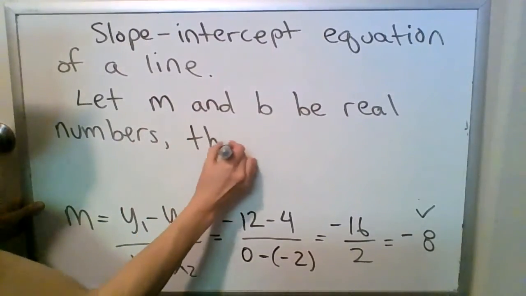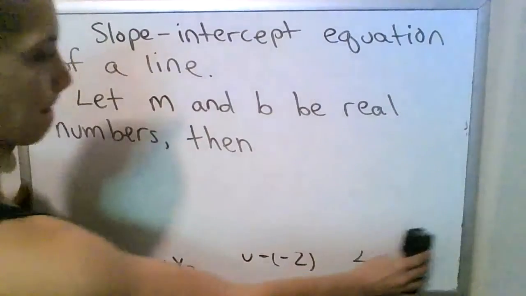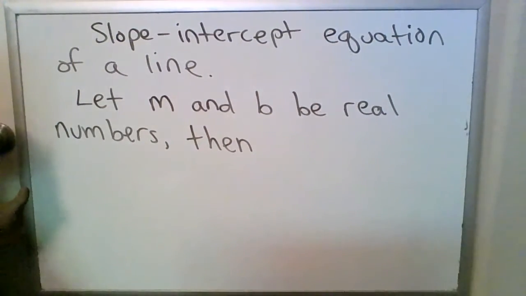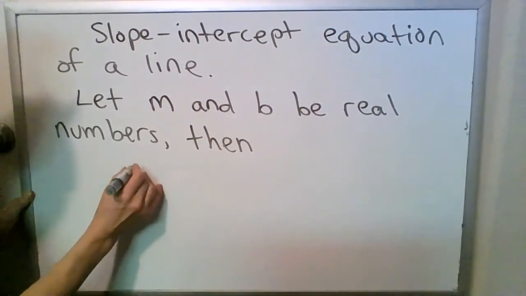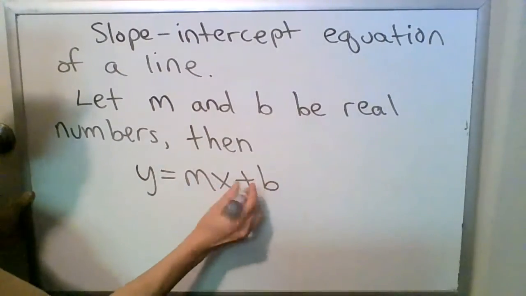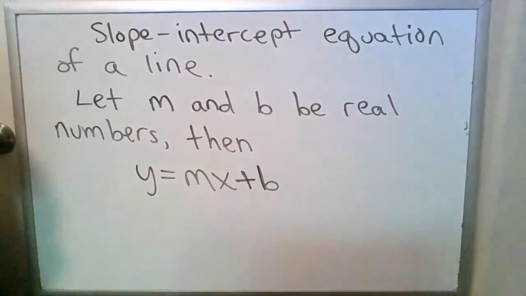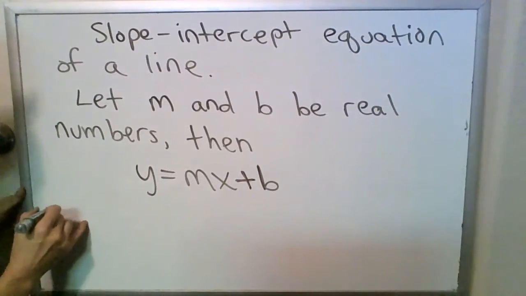Then y equals mx plus b is the equation of a line with slope m.